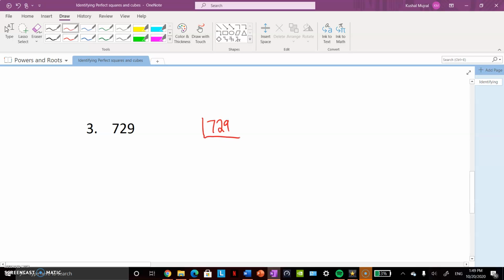729, let's see, the smallest number that goes into 729 is 3. Then we're left with 243. Also do this division by yourself. Then we divide by 3 again.